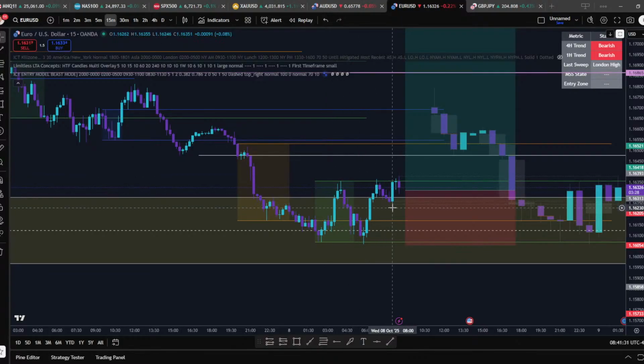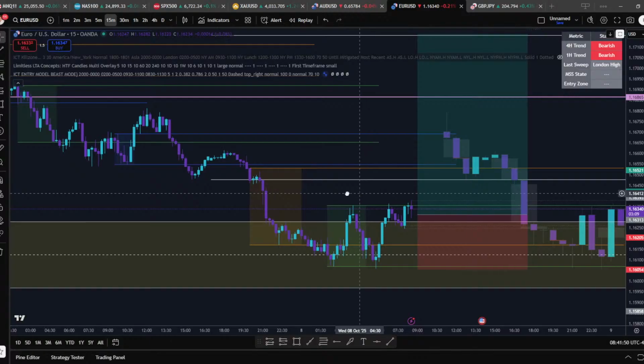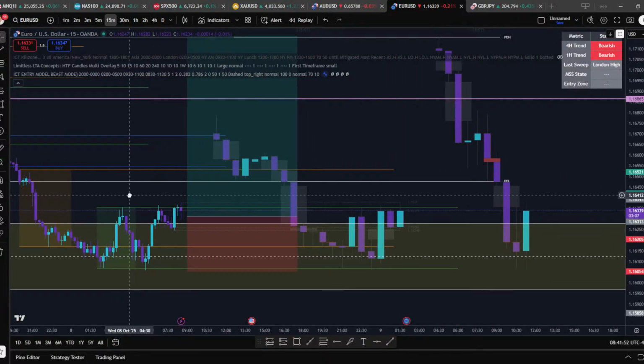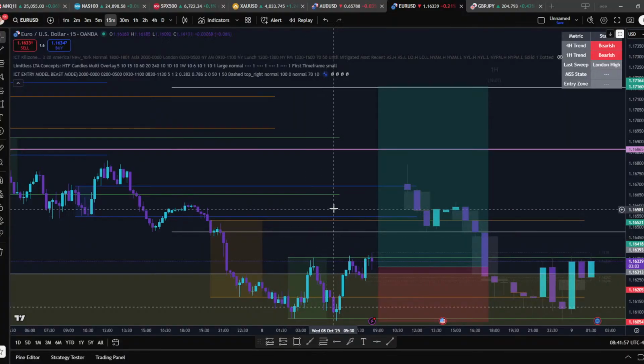We then come down, retrace into a fair value gap that we're now delivering from, a 15 minutes. And there's a strong green candle up, guys. That is telling me that this delivery from the fair value gap is now picking a direction to go up. It wants to take Asia highs. It wants to go possibly back to the previous day lows.